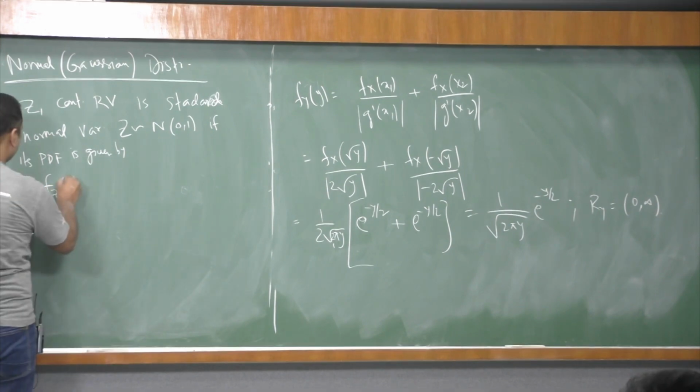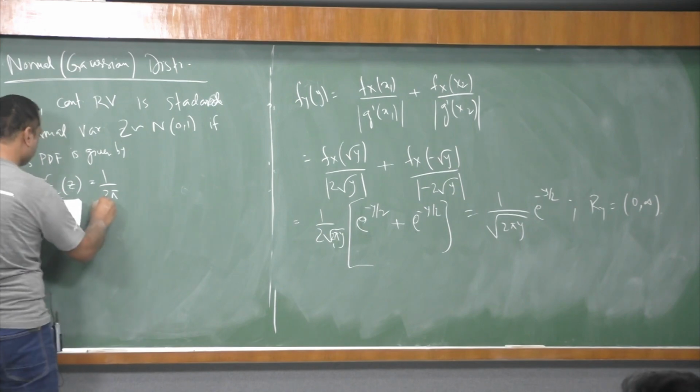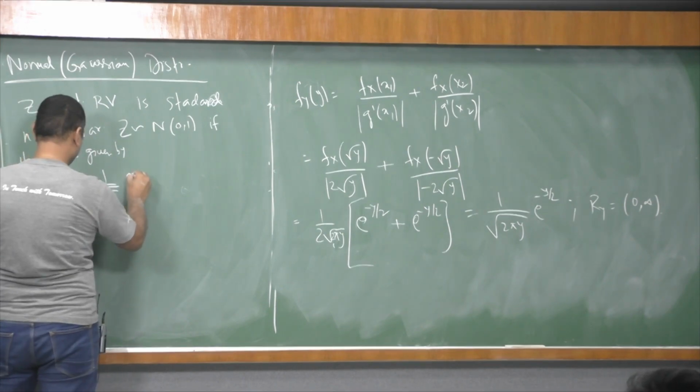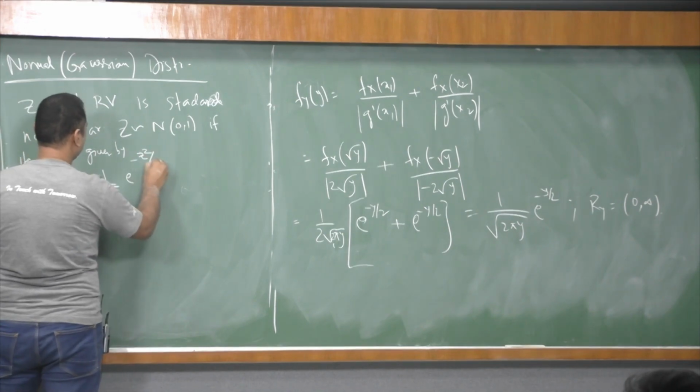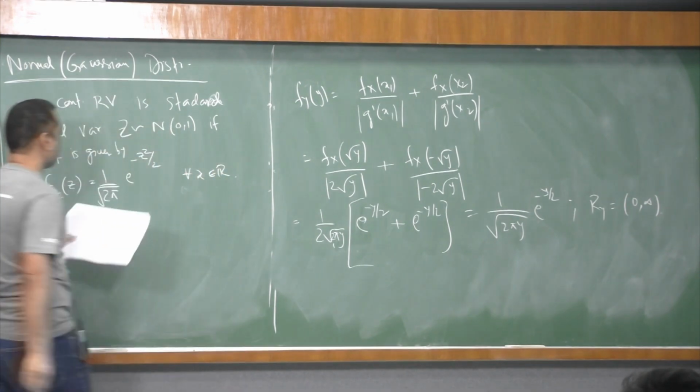So the previous example was indeed standard normal, 1 by square root of 2 pi e to the minus z square by 2 for all z in R.